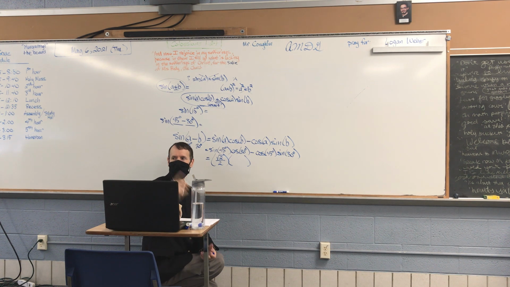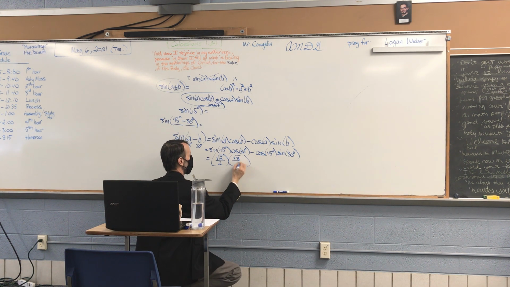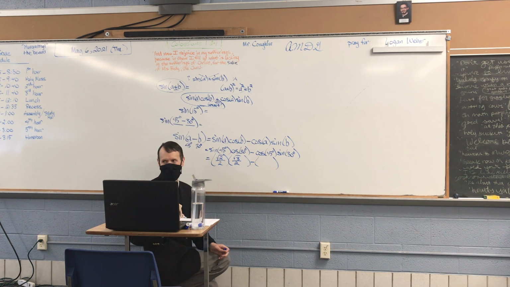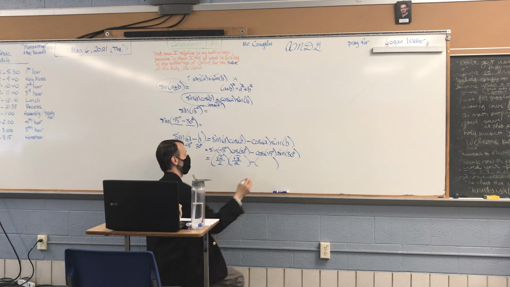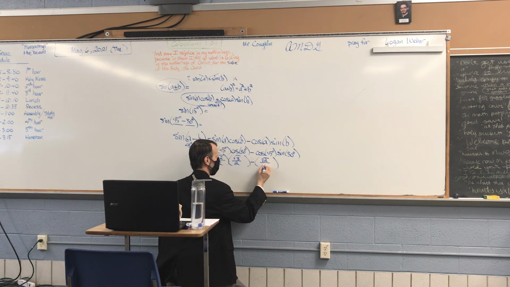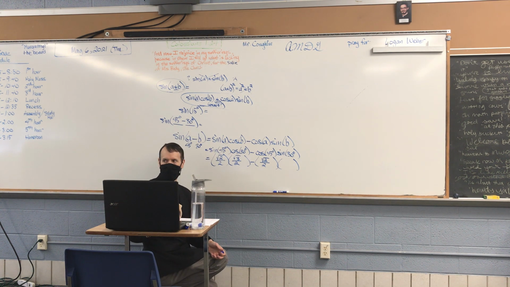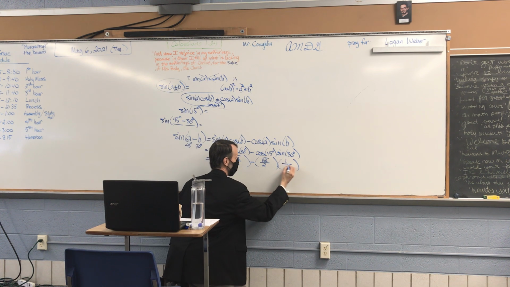Anybody know? Yeah. Radical 3 over 2. What is the cosine of 45? Radical 2 over 2. Identical to sine. And sine of 30, Becca? It is 1/2 because it's up a little.